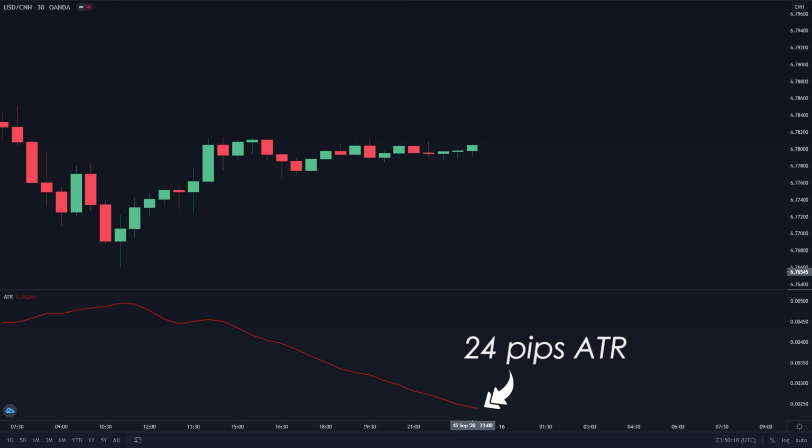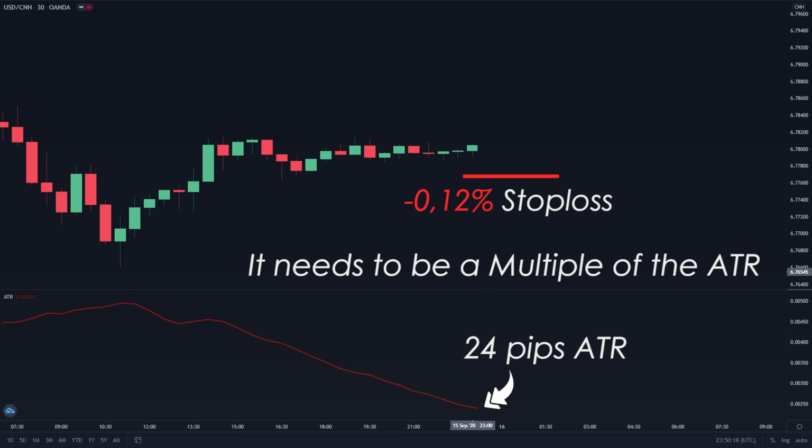In this case, 24 pips. But if you have a lower risk tolerance and think that 24 pips is too much and you want a tighter stop loss, you can divide that value by 2. So you can also put your stop loss at 12 pips. It all depends on your risk tolerance, but it needs to always be a multiple of the ATR.